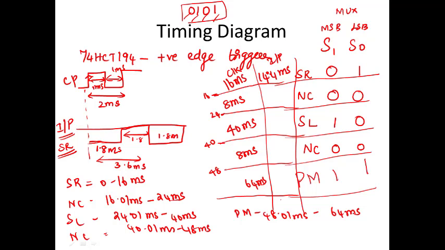So let me go ahead with respect to my input also. So 14.4 plus 8, so this is up to 22.4 milliseconds I will be having this, and 22.4 plus 14.4 and up to 36.